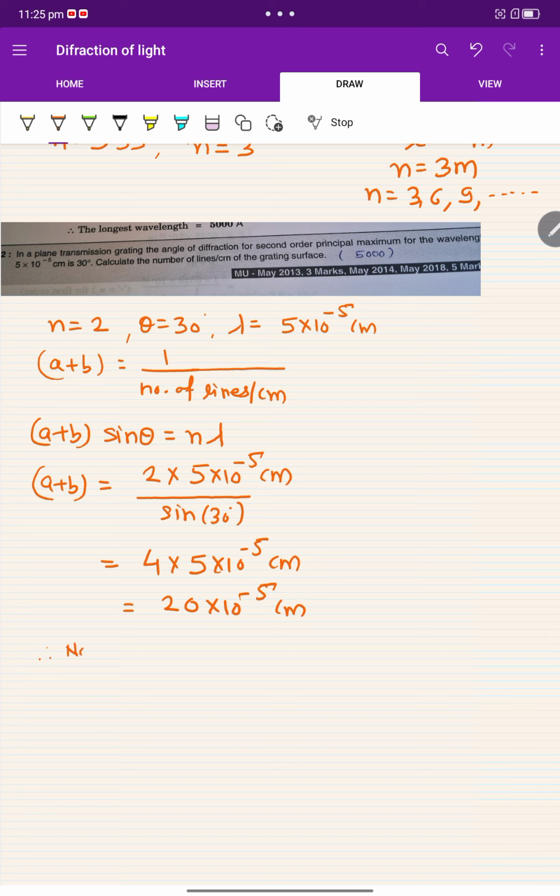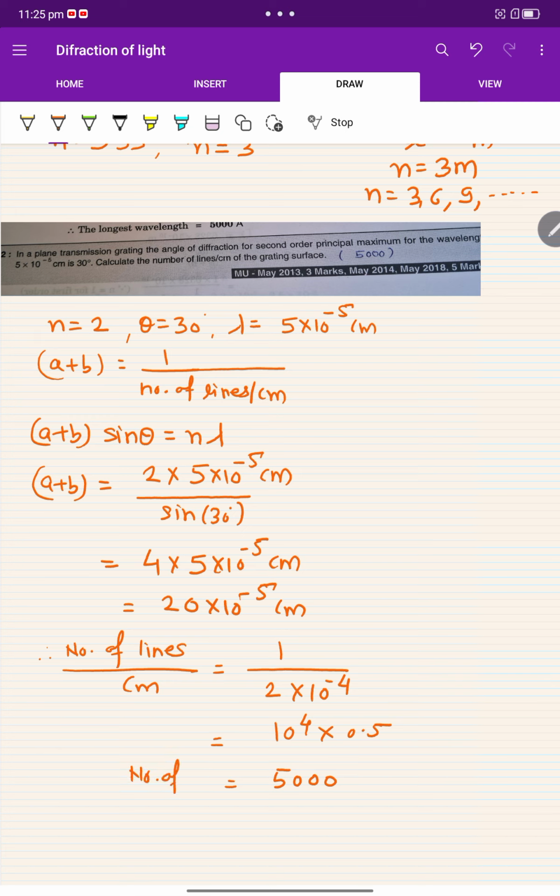So number of lines per centimeter is equal to 1 upon 2 into 10 to the power minus 4, or 10 to the power 4 into 0.5, which is equal to 5,000. Therefore, number of lines per centimeter is 5,000. Thank you, students.